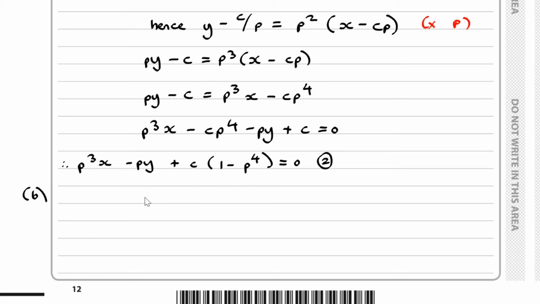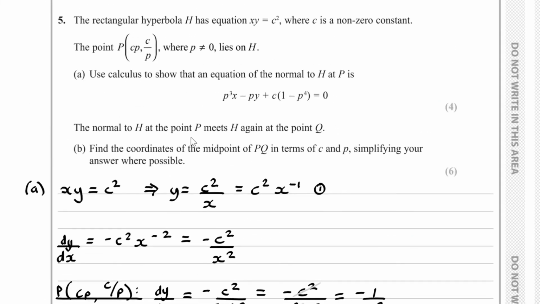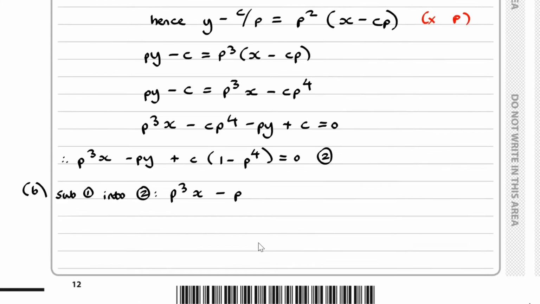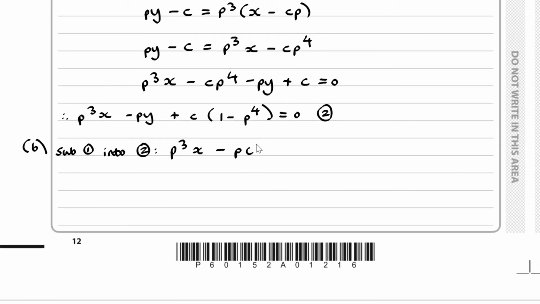And we can do that by substituting equation 1 into equation 2. So we have p cubed x minus py, so we have p lots of c squared over x. So we have pc squared over x. And then we add on c lots of 1 minus p to the power of 4. And all this is equal to 0.